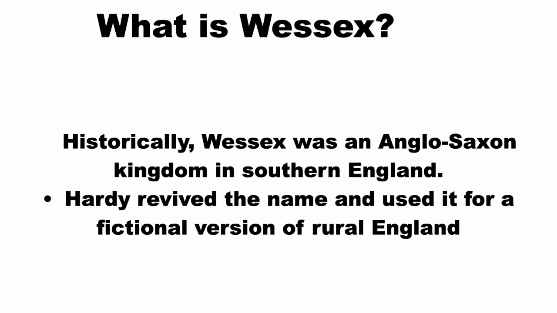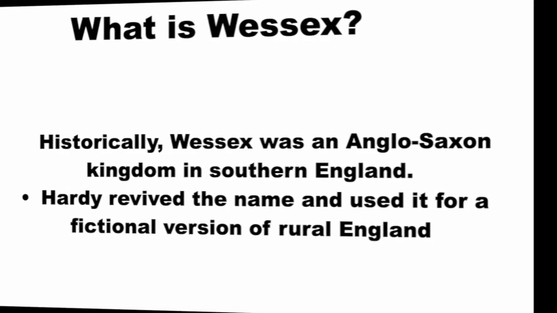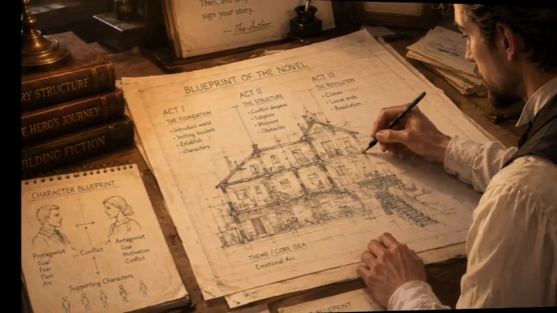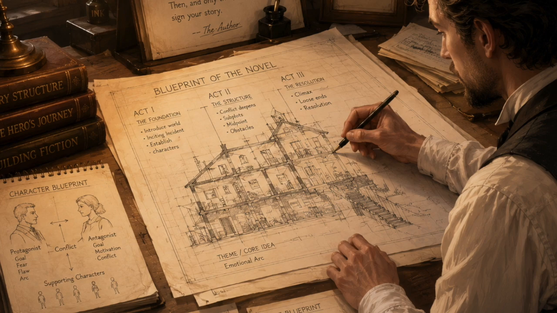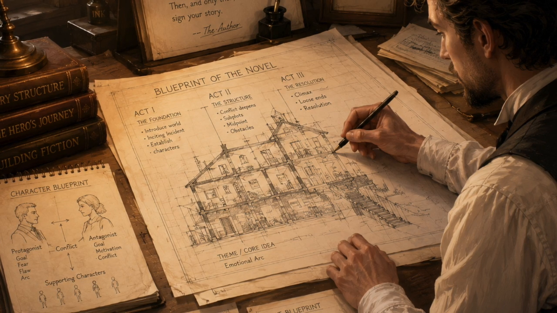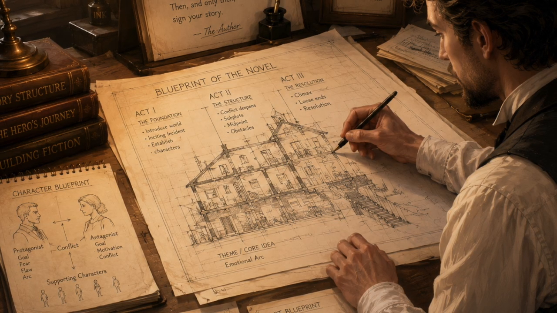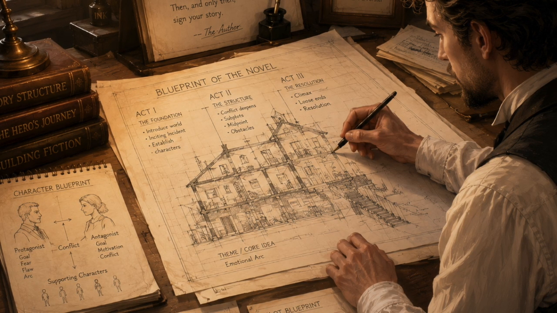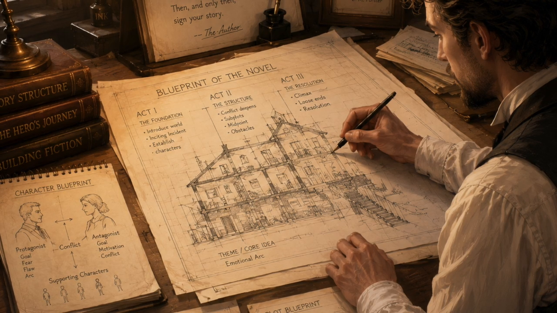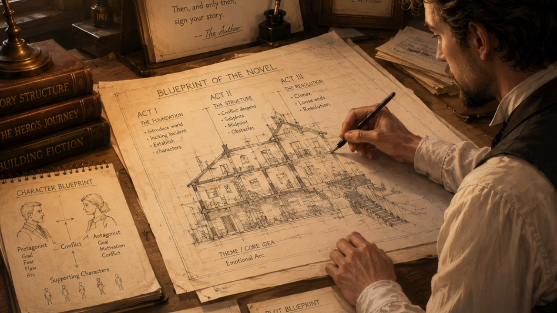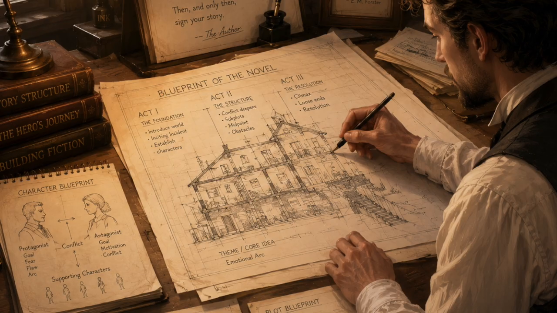So, why did he create this Wessex in the first place? It's very simple. Just like an architect creates a blueprint to ensure that everything is foundationally right, he too wanted to unify his novels. By setting many stories in the same region, he created a connected fictional world.